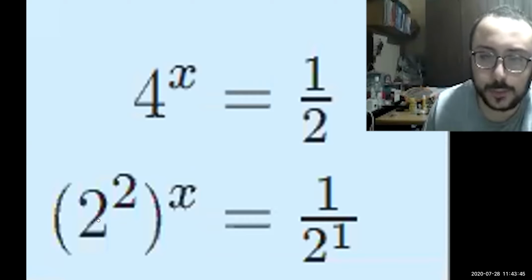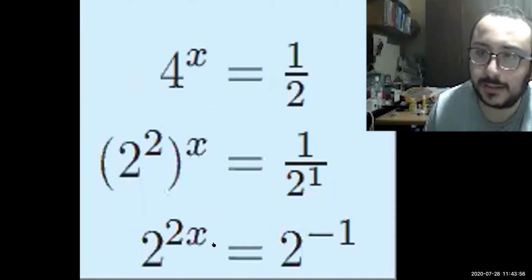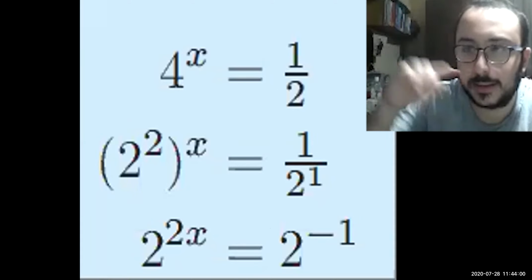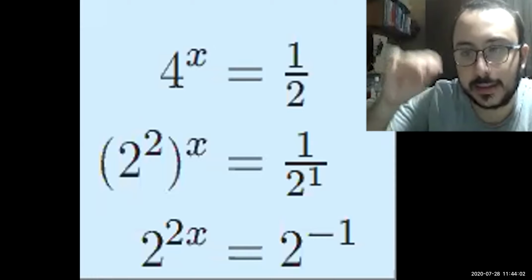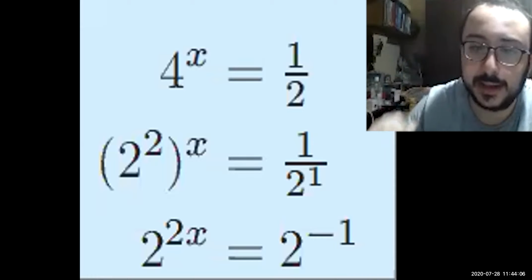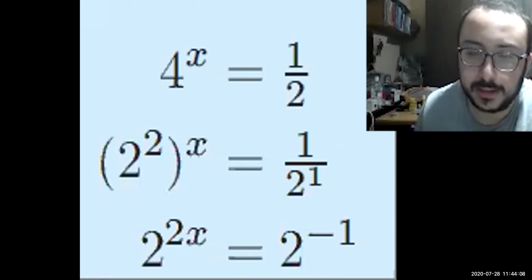And we continue. 2 power 2 power x is 2 power 2x, right? And 1 over 2 is 2 power minus 1. We said this property, if a number is 1 over something, it's the number power minus 1. So we're using this property here.